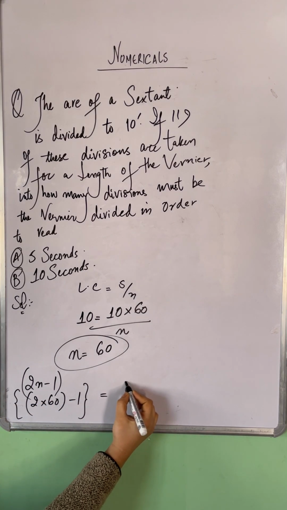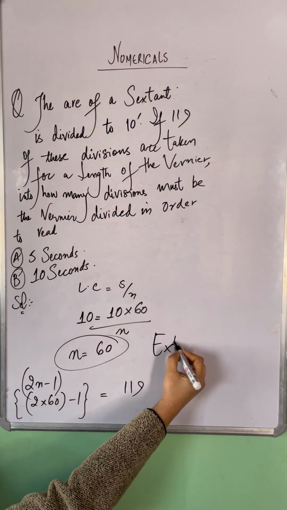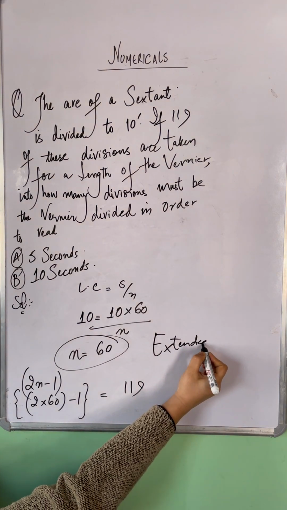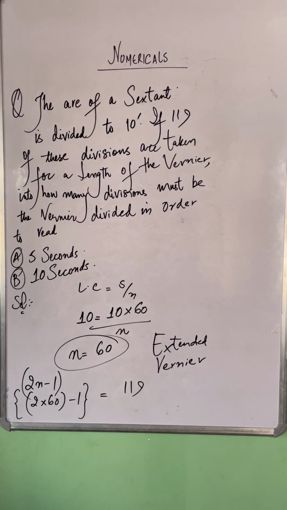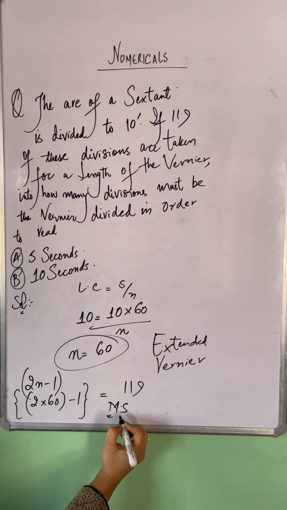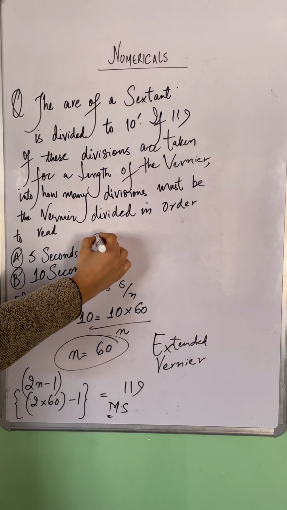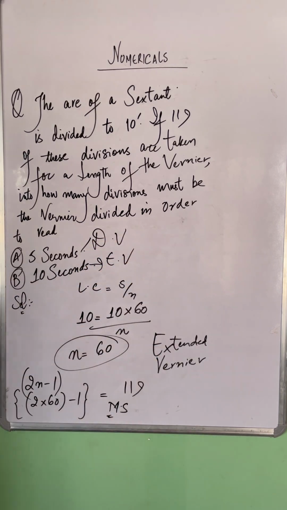How much? 119. So this is an extended vernier, in which 60 divisions on the vernier scale correspond to 119 divisions on the main scale. So in the first case, we designed a direct vernier, and in this case, an extended vernier was designed, right?